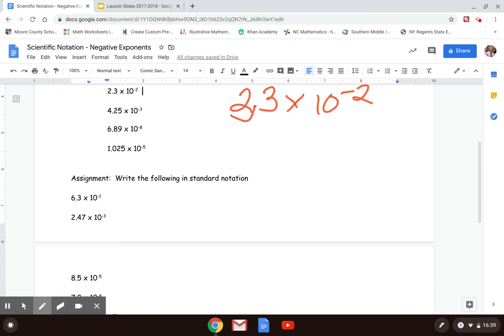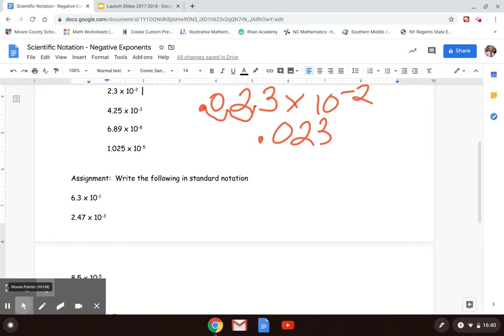I move 1, 2. My decimal point is now here, and I insert a 0. So my answer here is 0.023, and I'm going to type 0.023 as my answer to that first problem.